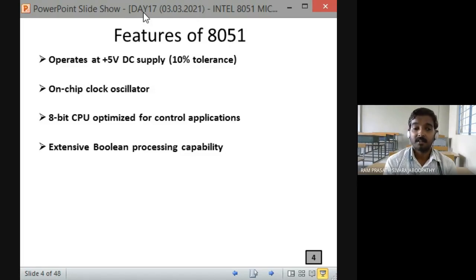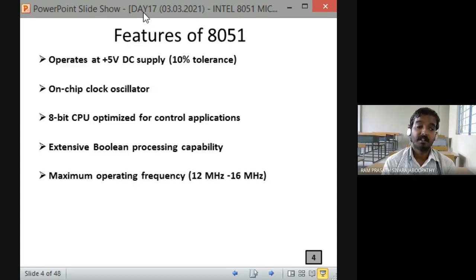As bit handling capability is very important for control-oriented applications, it specifically has many instructions which can do bit operations. Then the maximum operating frequency of the 8051 microcontroller is from 12 MHz to 16 MHz based upon the versions. We have different versions of the 8051 microcontroller.